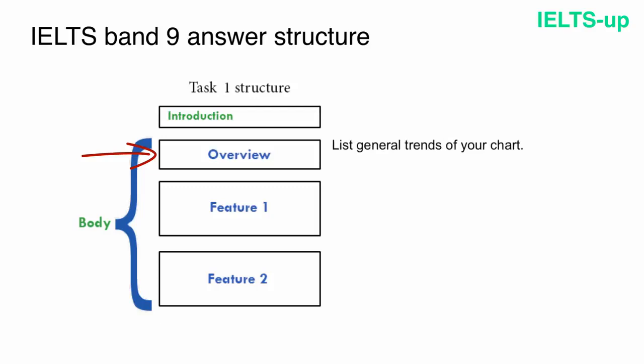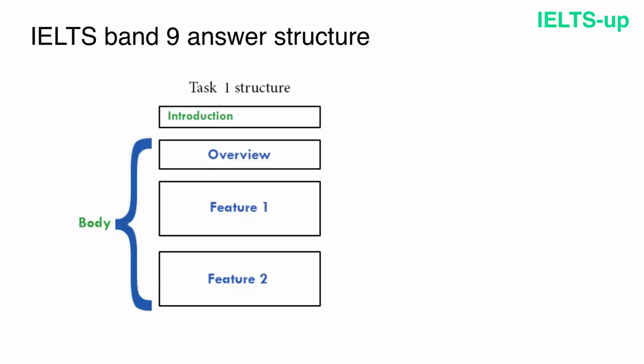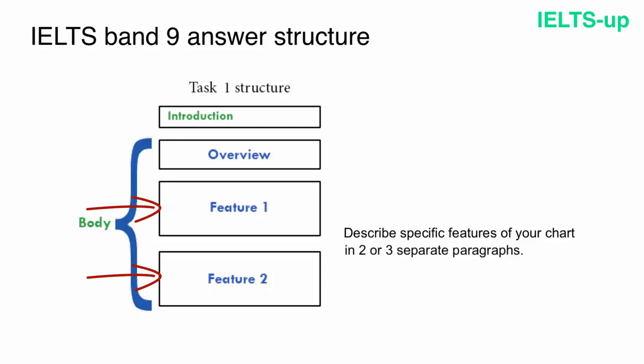In this paragraph, you should list general trends of your chart. Do not write many specific numbers or details in this part. Remember, overview should contain only general information. Then, you should describe specific features of your chart in 2 or 3 separate paragraphs.